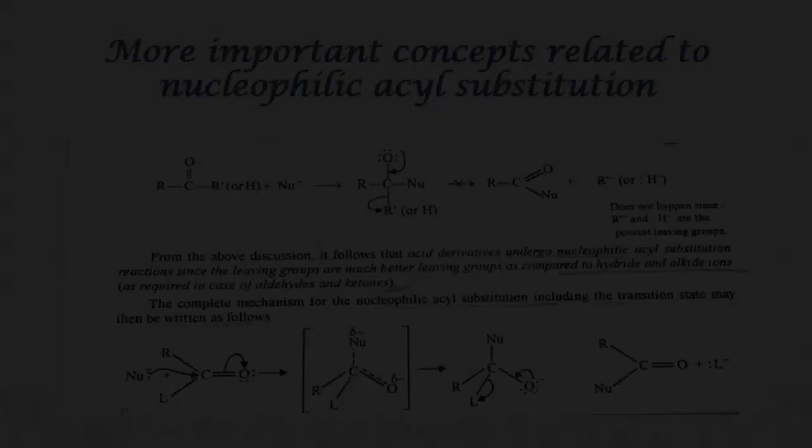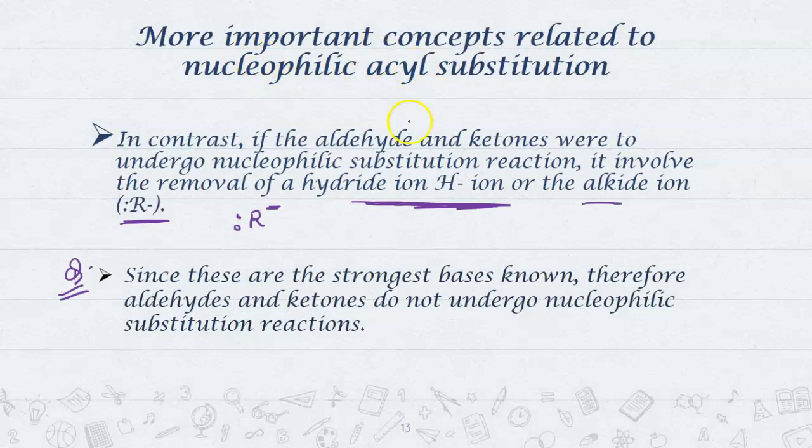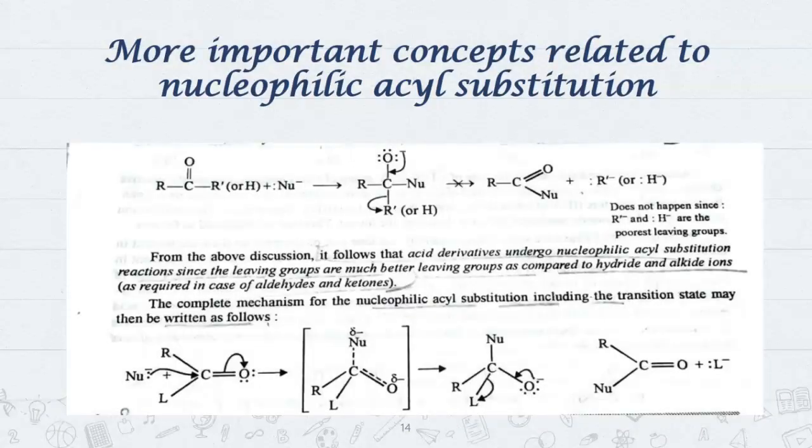One reason is quite clear: it would involve the removal of a hydride ion and an alkyl ion, and these two are very poor leaving groups. If they are poor leaving groups, how are they going to get removed in the reaction, and how is it going to facilitate nucleophilic acyl substitution? So this is the one reason.